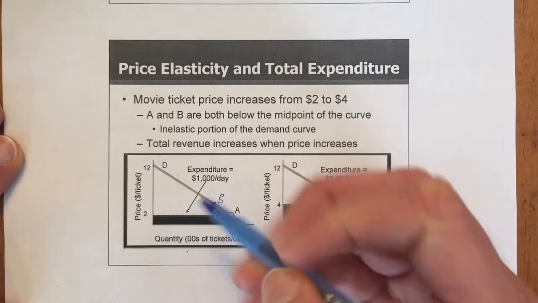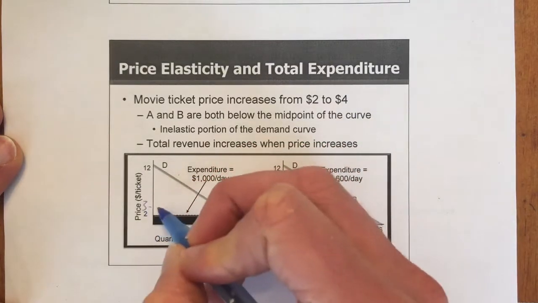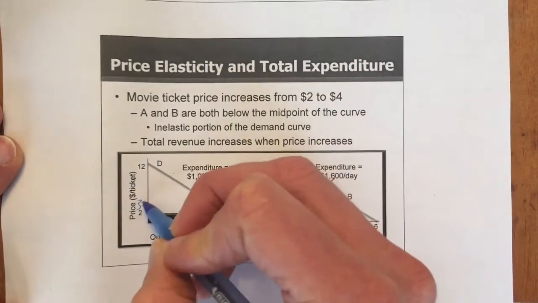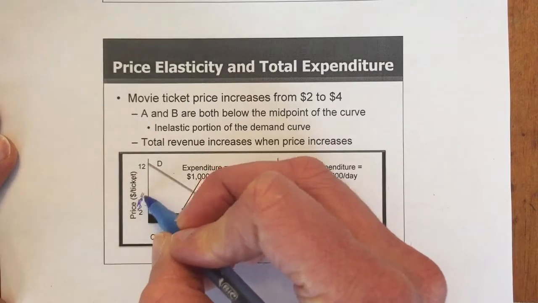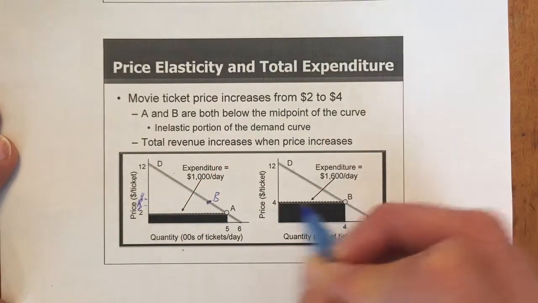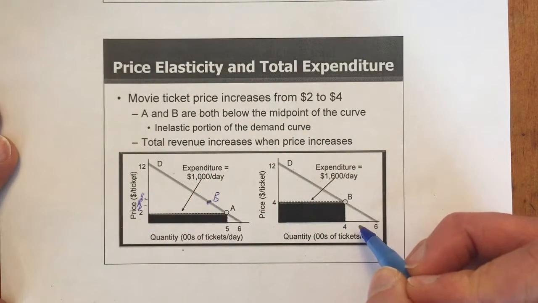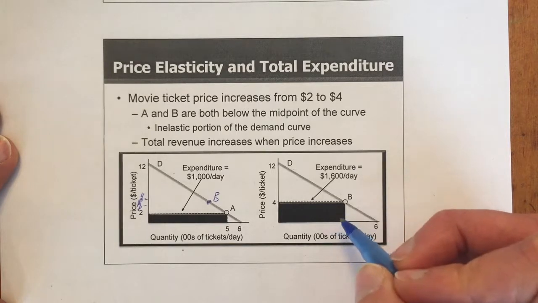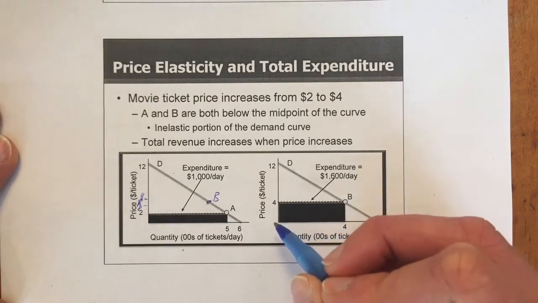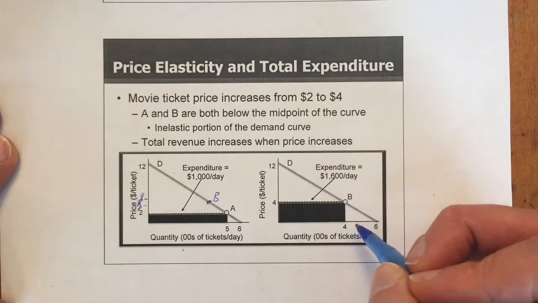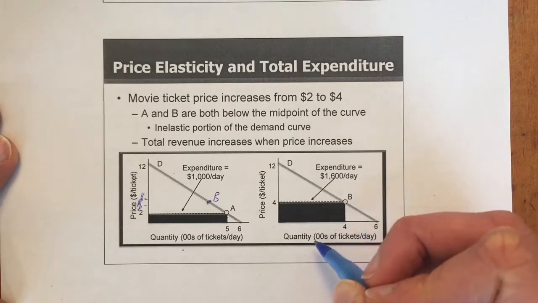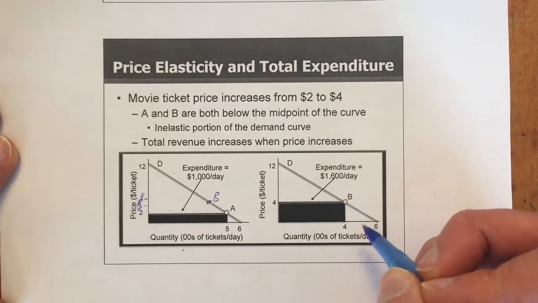And if it goes up from $2 to $4, shown over here, then the quantity demanded has decreased, which we would expect because of the law of demand. As the price goes up to $4, quantity demanded goes down to 400 tickets per day.